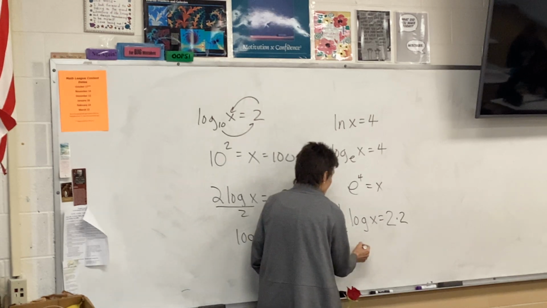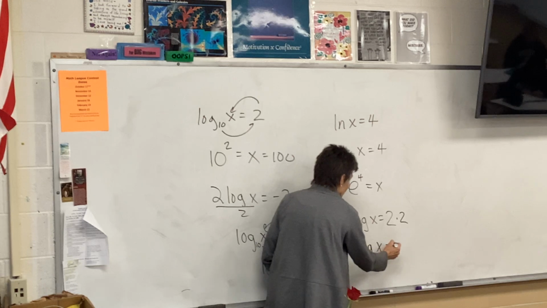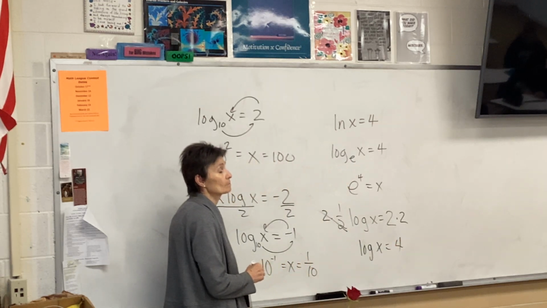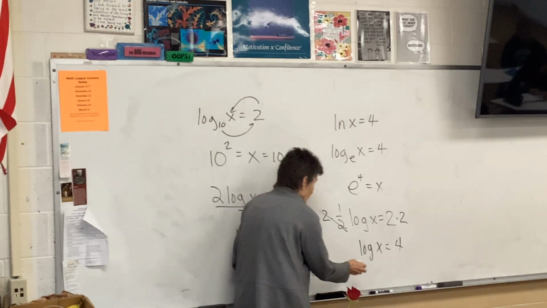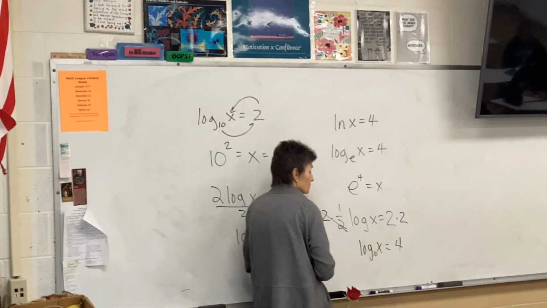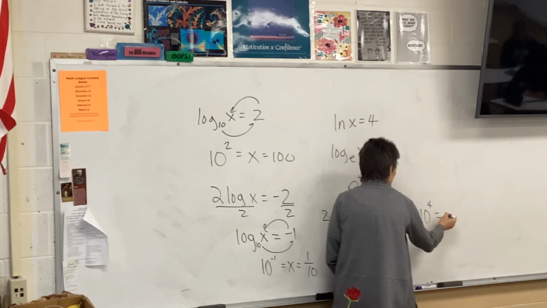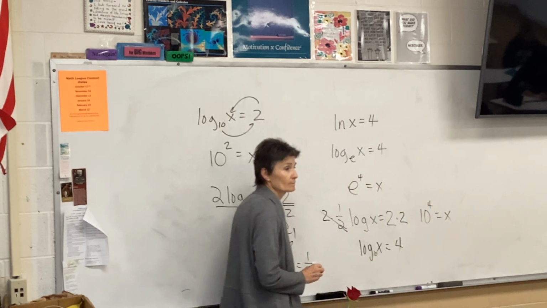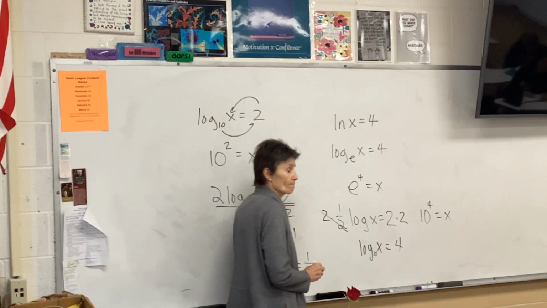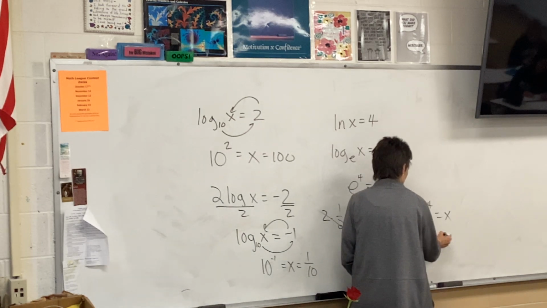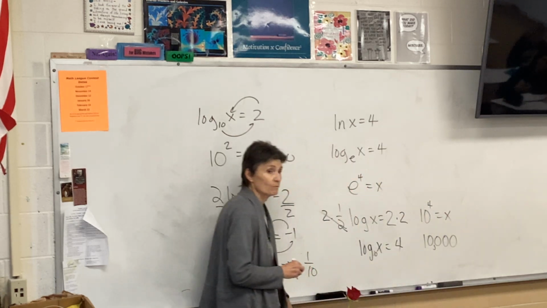So what does it say then? Log x equals 4. So I'll put a little 10 down here. 10 to the 4th equals x. What's 10 to the 4th? 10,000, that's exactly right. How many zeros? 4.